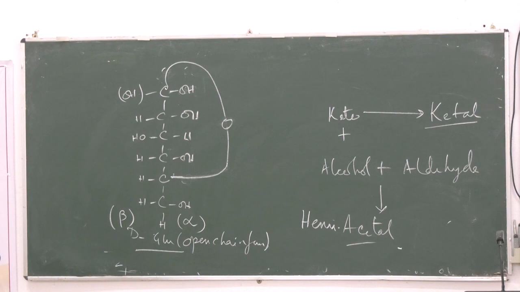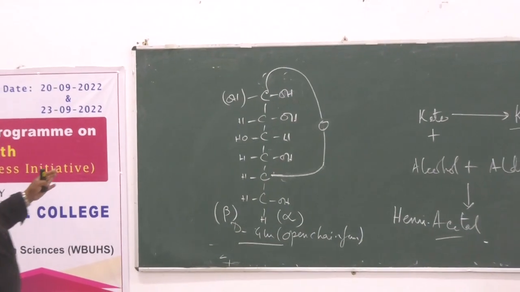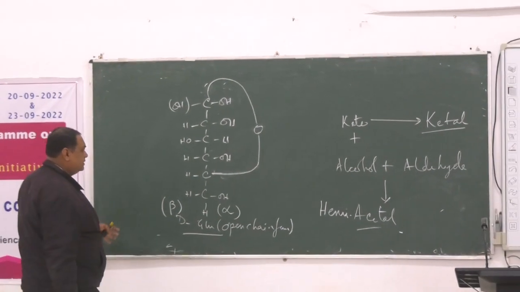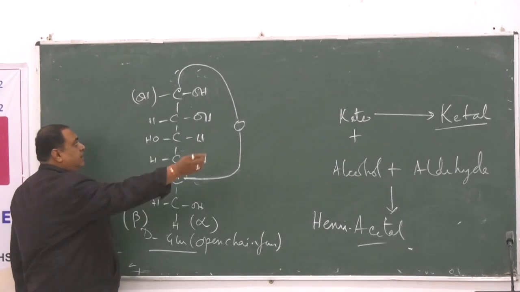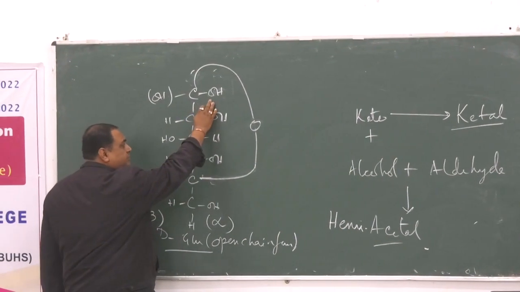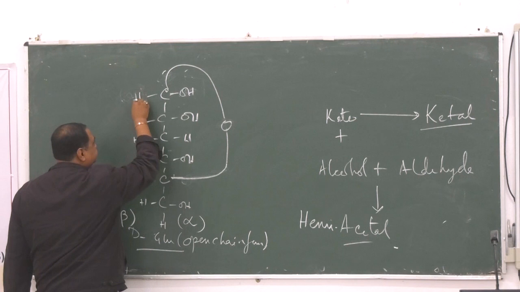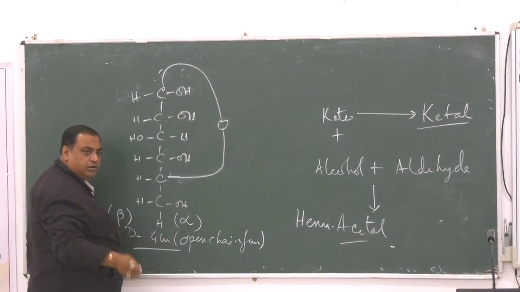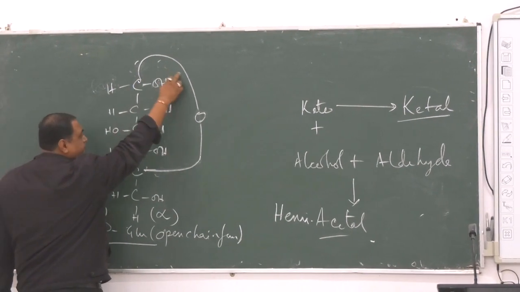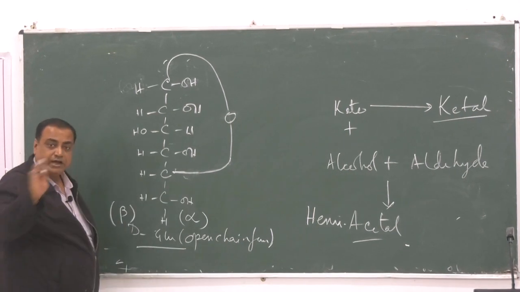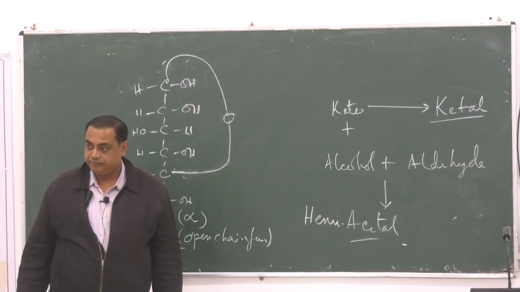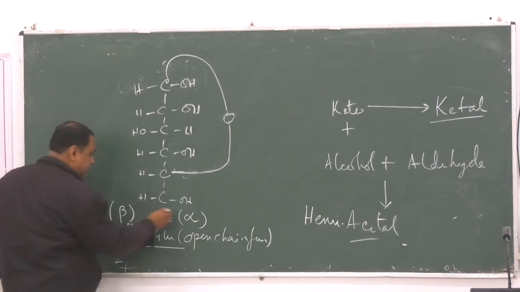Right? So when we draw this structure like this, we can write OH on the right hand side, so it is alpha form, or we can draw this ring on right hand side either. This is what?